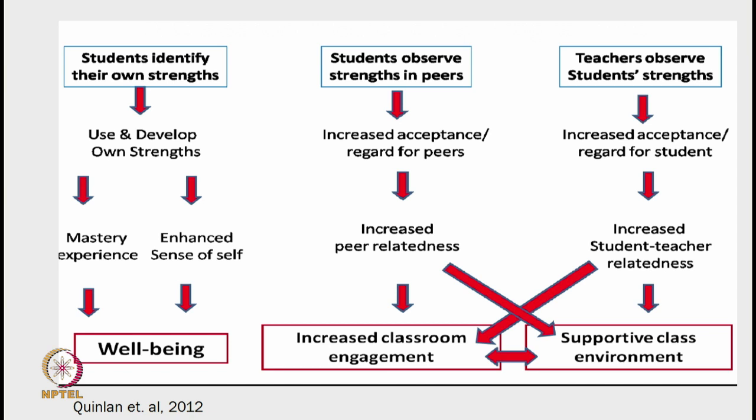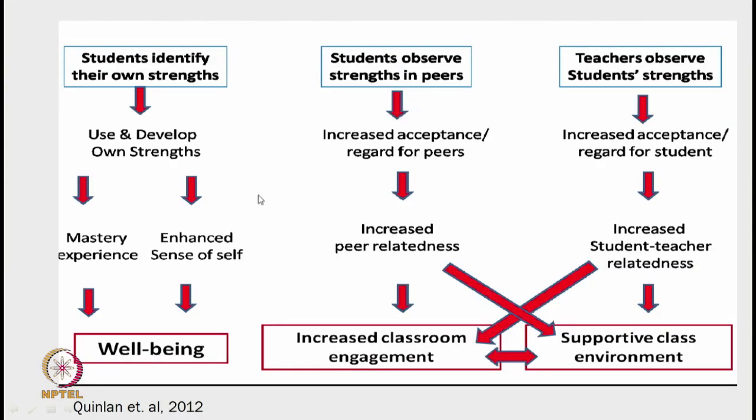What are your character strengths, how can you use them and how can you develop them in a better manner. So, through these types of strategies, they are saying that we improve mastery experiences as well as we enhance sense of self, and these two factors lead to well-being.